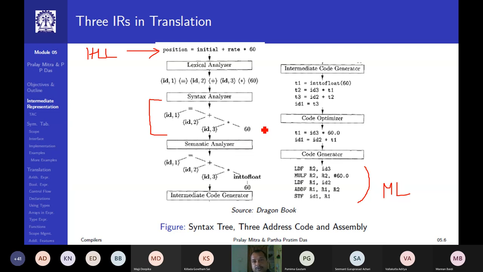You remember we have drawn several parsing tables, and the parsing table helps us to recognize one string, in this case the expression position equals initial plus rate multiplied with 60. Whether that string follows the grammar or not is tested during the syntax analysis, the parsing stage.